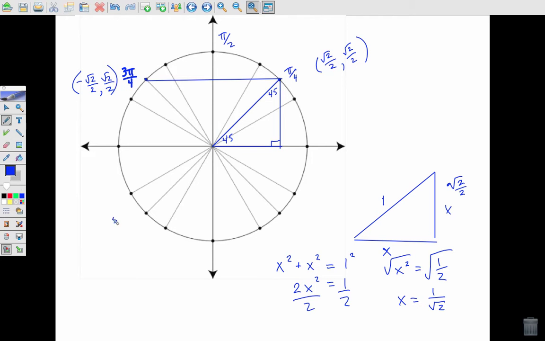Okay, 5 pi over 4 is going to also have similar points, along with 7 pi over 4. So 5 pi over 4 is negative root 2 over 2, comma negative root 2 over 2. And then 7 pi over 4 is going to have positive root 2 over 2, comma negative root 2 over 2.